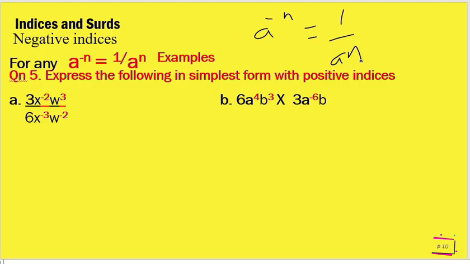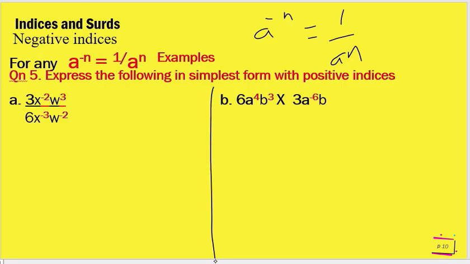So you find the reciprocal of that number for you now to make the index positive. Now, for example, we have a question here. Express the following in simplest form of positive indices. So if you have a negative index, then for you to express it as a positive index, you have to find the reciprocal of it.